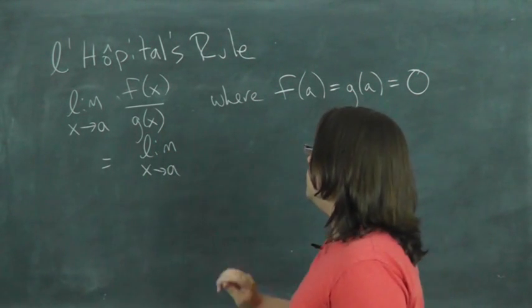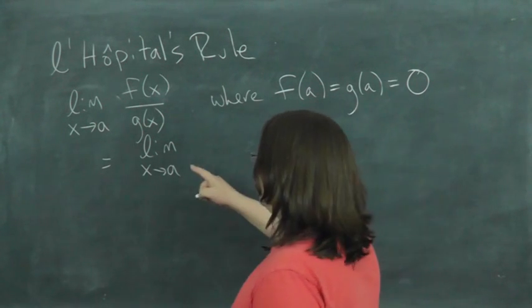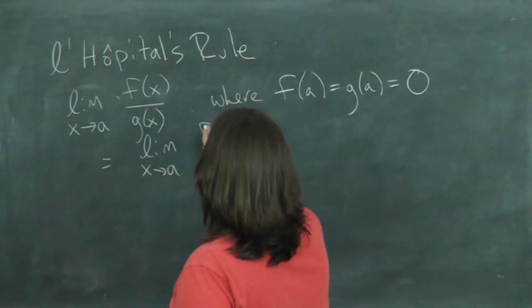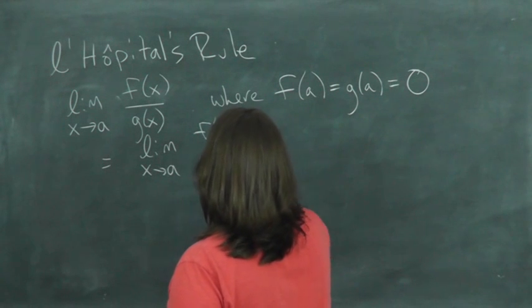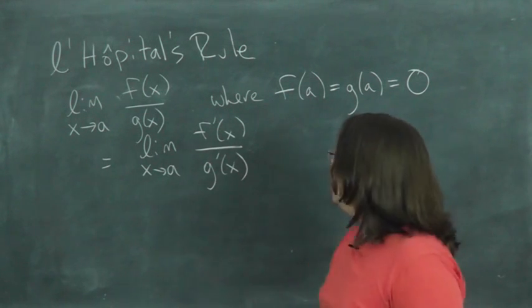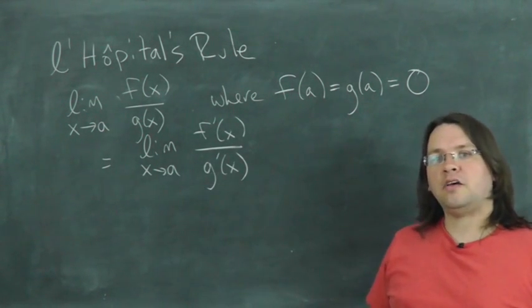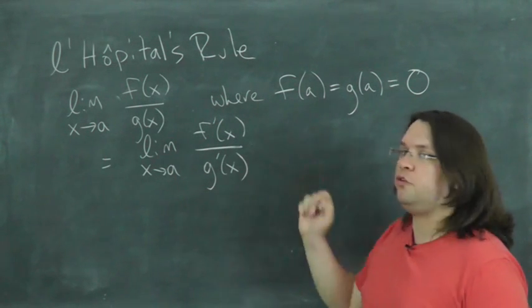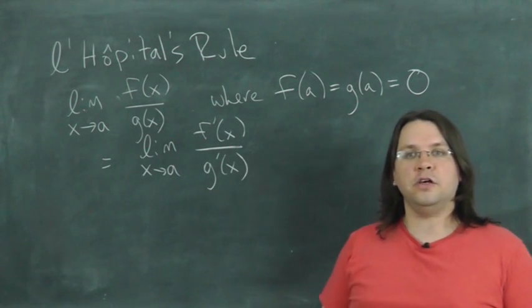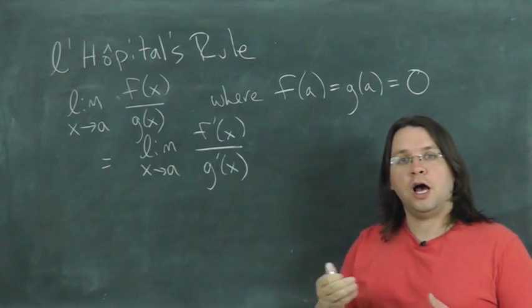And this other limit that we compute is where you take the derivatives of f and g separately. So it's the limit as x approaches a of the derivative of f divided by the derivative of g. And at this point, hopefully we can just plug in x equals a in these two functions and just get a value out. If you can't, on the other hand, we can apply L'Hopital's rule again.